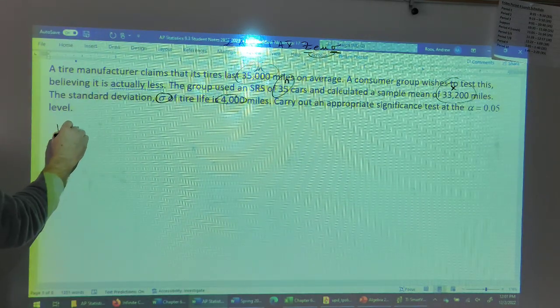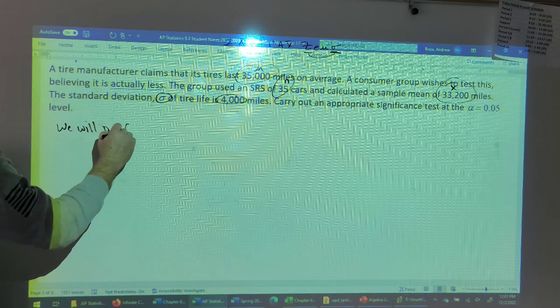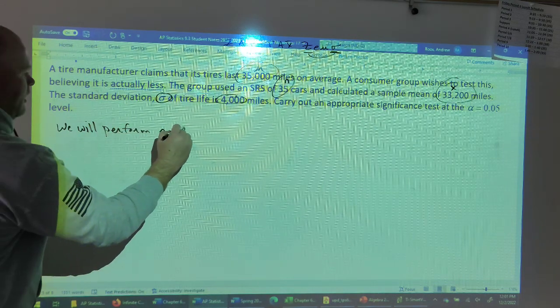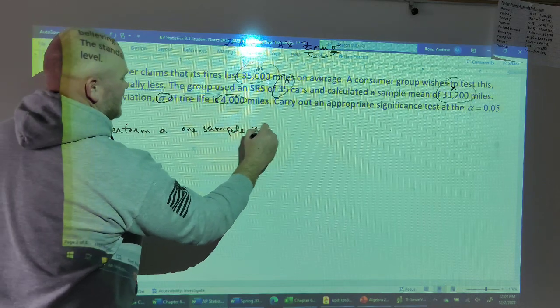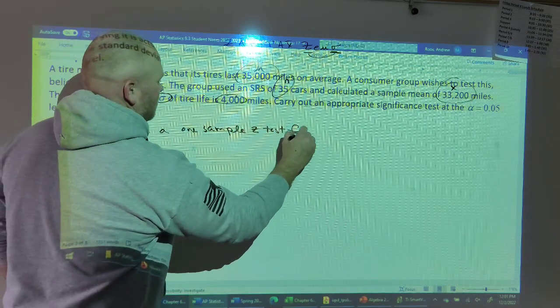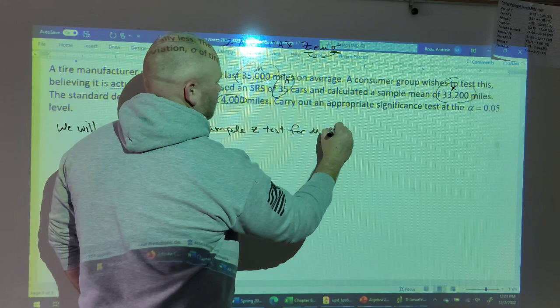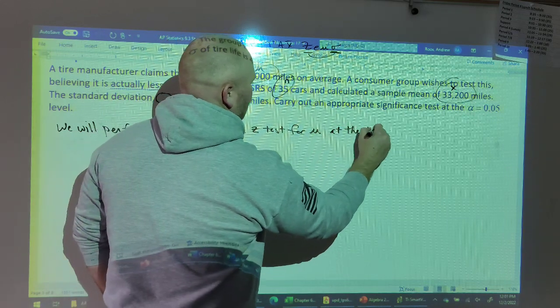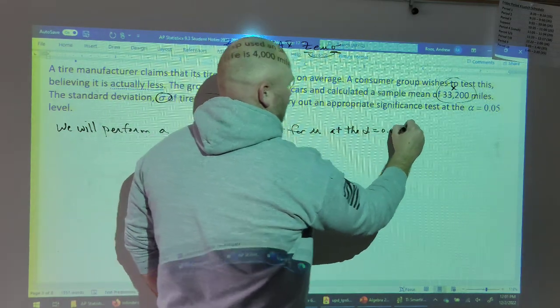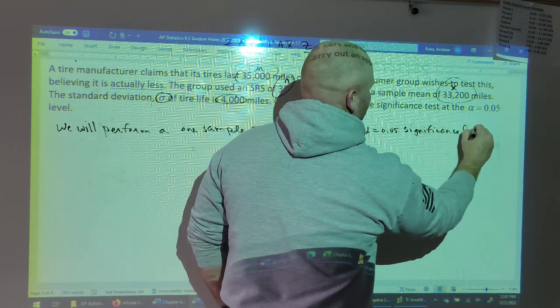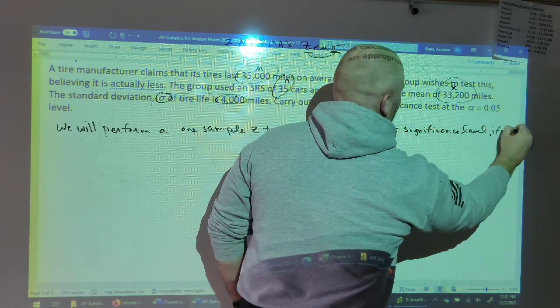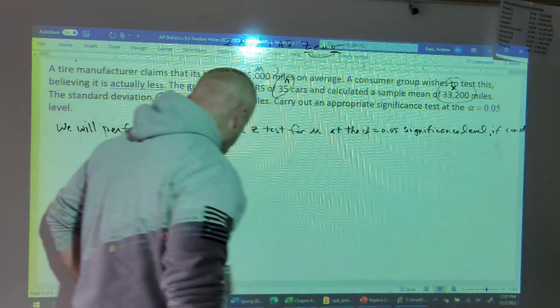So we will perform a one sample z-test for mu at the alpha equals 0.05 significance level if conditions are met.